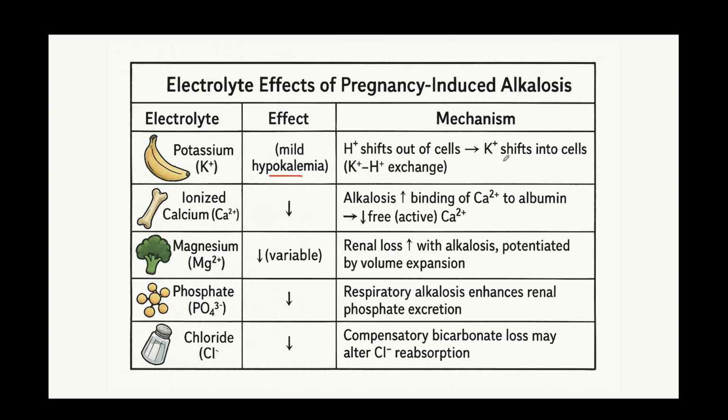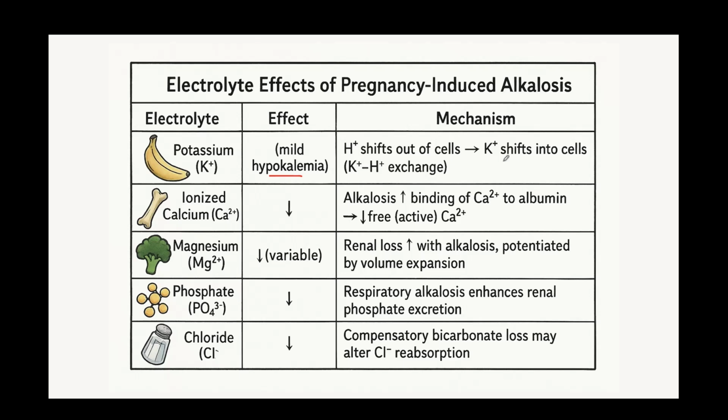Ionized calcium is reduced because the alkalosis increases the binding of calcium to albumin. Though albumin in pregnancy is diluted and reduced, the calcium still binds to albumin. So this leads to a reduction in free active calcium. And also we have to remember here that the fetus also drains the mother of calcium.